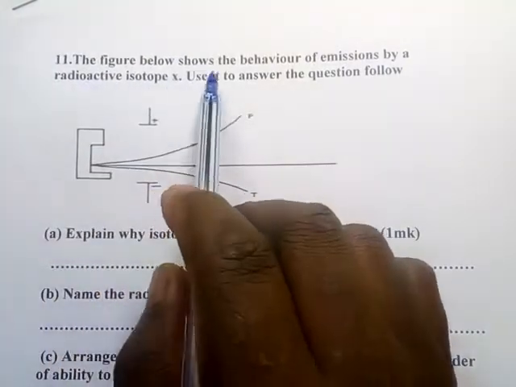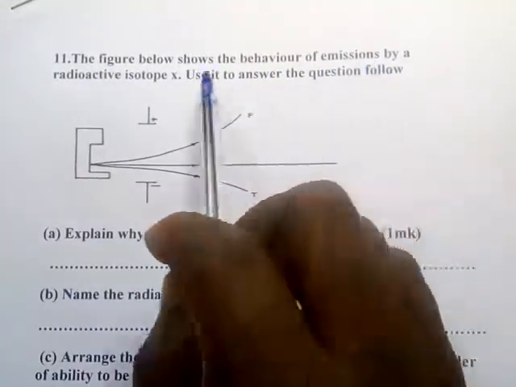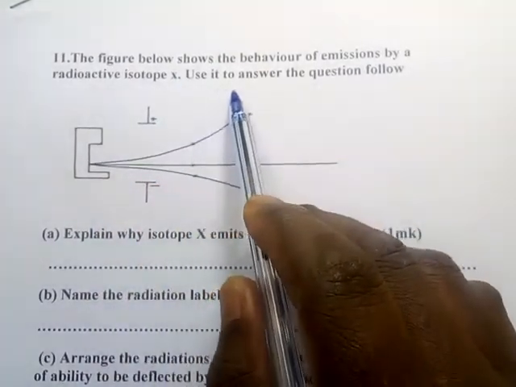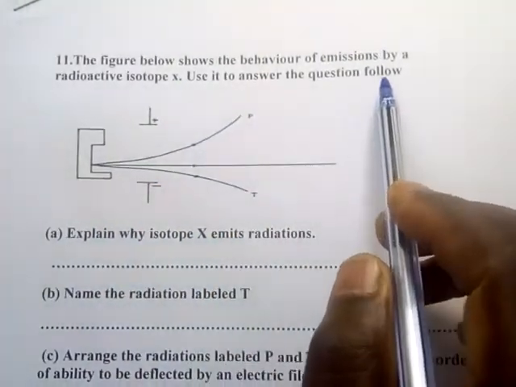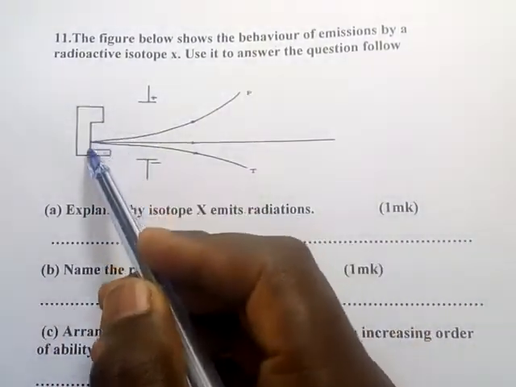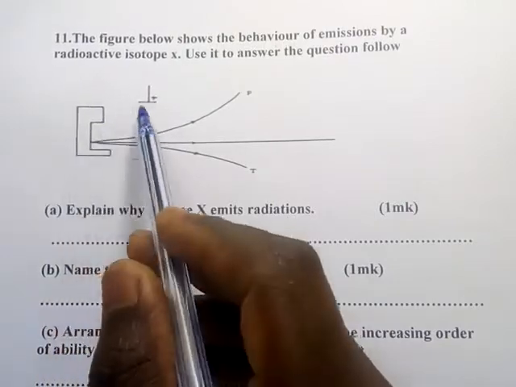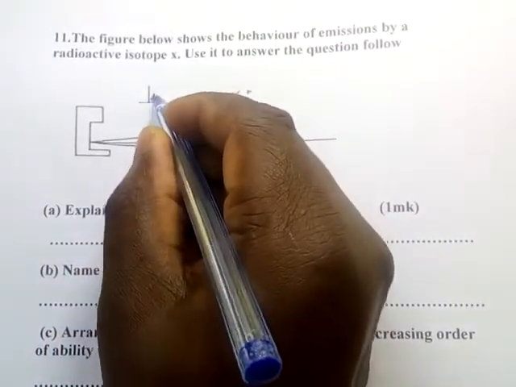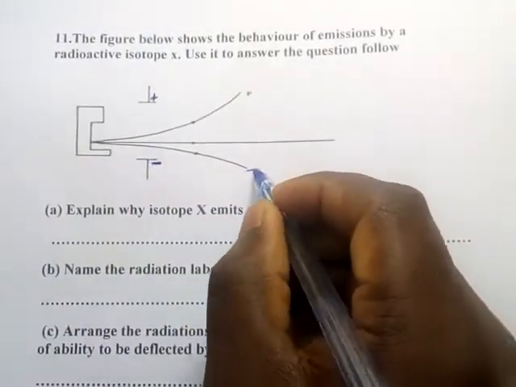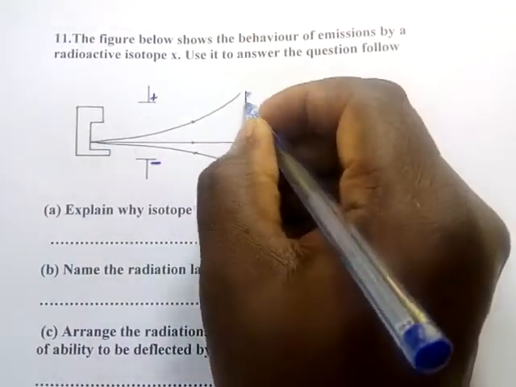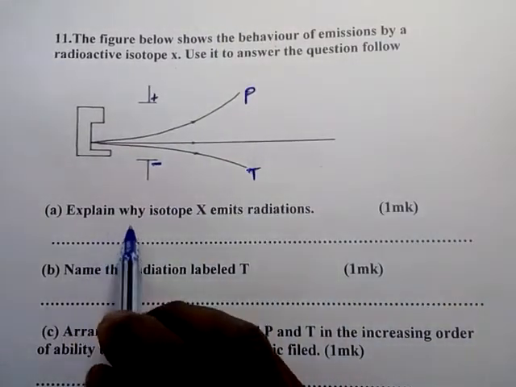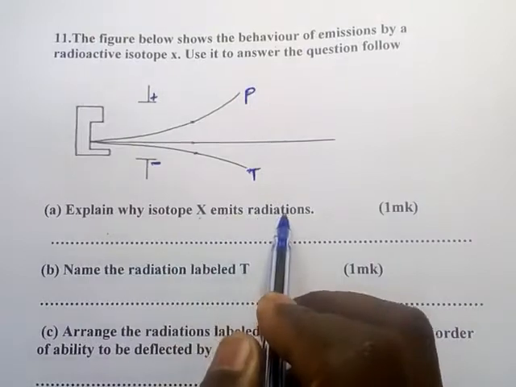The figure below shows the behavior of emission by a radioactive isotope X. Use it to answer the questions that follow. So study the diagram. First, you can see this radioisotope source. This one is positive, this one is negative. Explain why isotope X emits radiations.